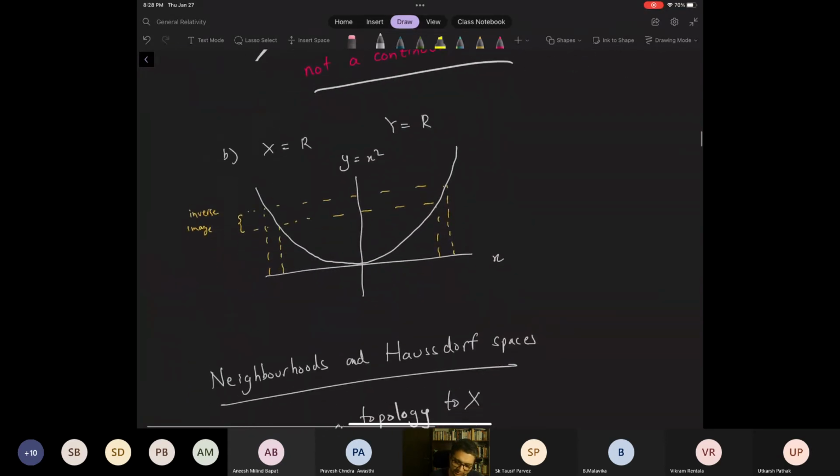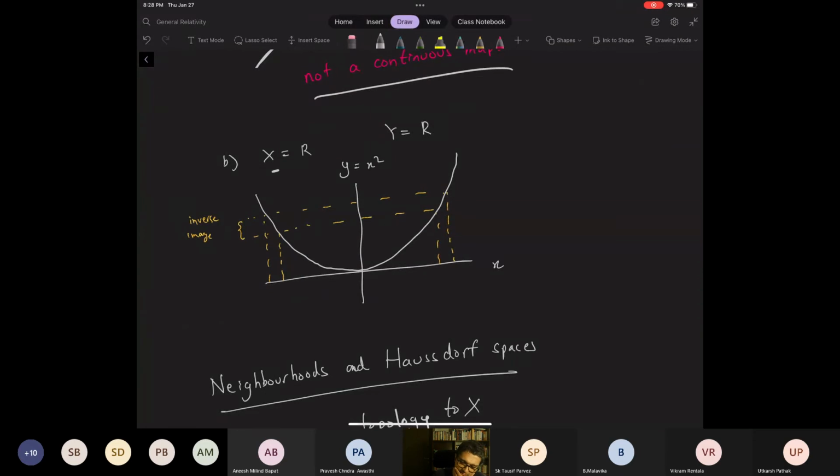So let me give you another example. Let's take x equal to the real numbers and y equal to x squared, the parabola. Now if I take an open interval on y like this, so this is an open interval, the inverse image is the union of these two open sets, which again belongs to ui. So this is ui prime.